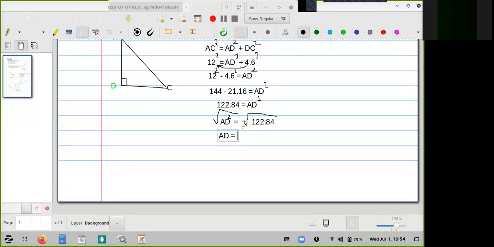Yes, I get 122.86 then. Square root of 122.86, I'm going to come up with 11.08, right?